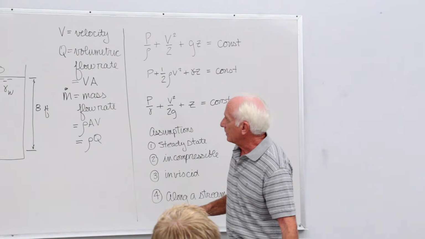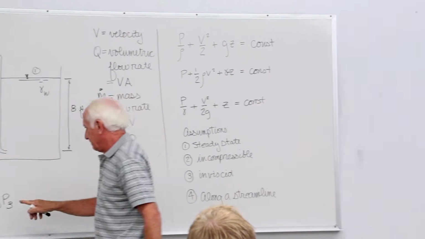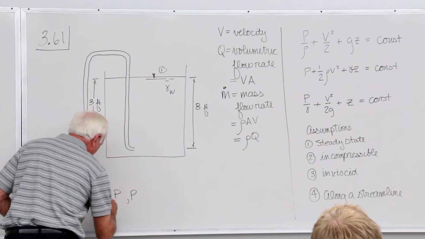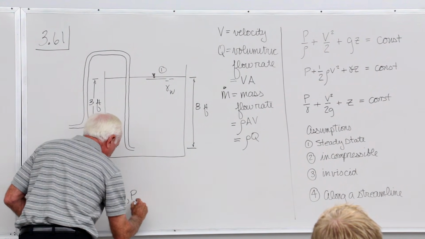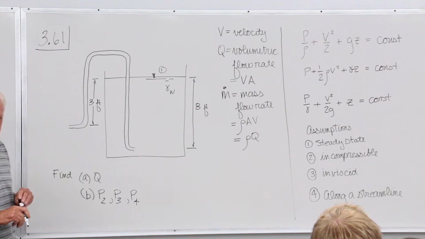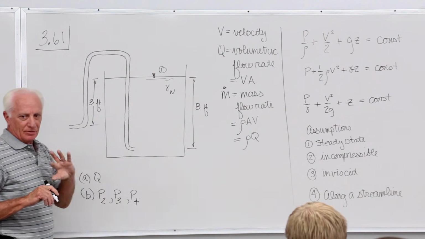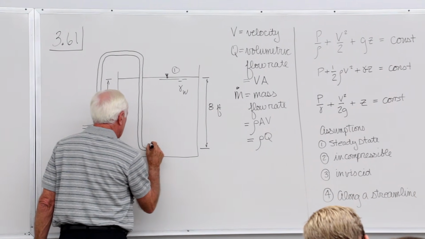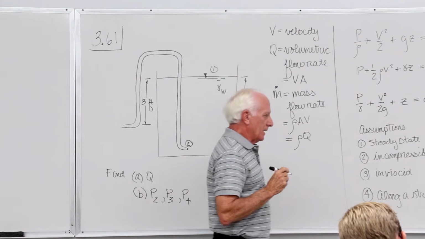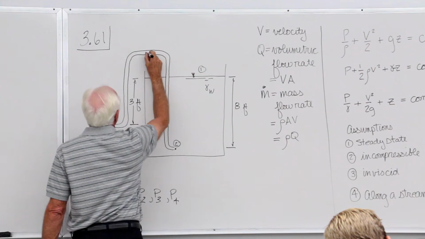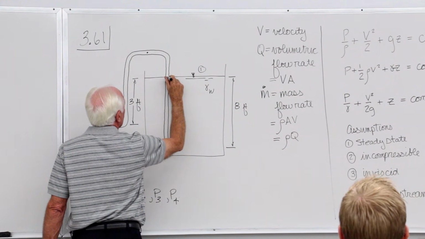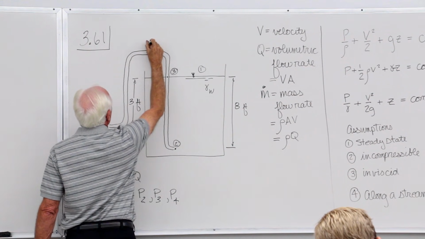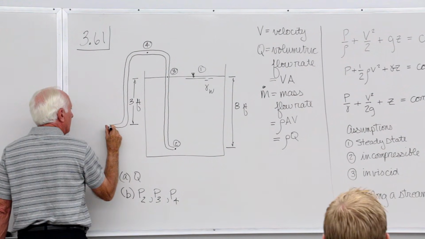So I'm going to call that point 1, and it's going to be points 2, 3, and 4. I've changed the problem statement because he puts point 0 up there. I don't like doing that. So that's point 1. Here's point 2. Here's point 3. There's point 4. There's point 5.